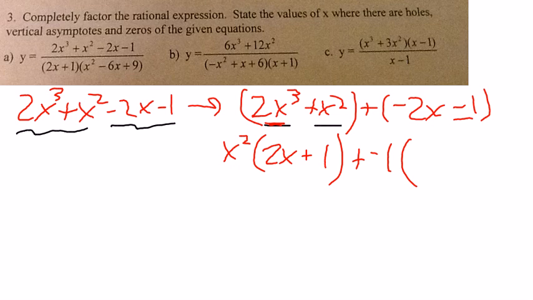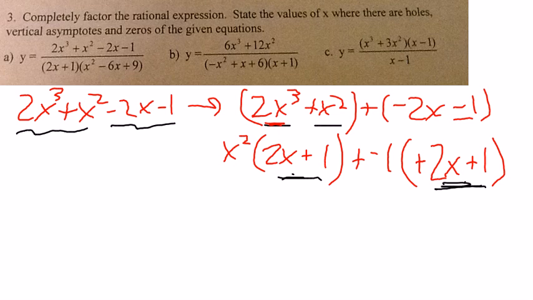Well, we're left with 2x plus 1. Honestly, we should be expecting that, because our goal of factoring by grouping is to get the same term there and there.